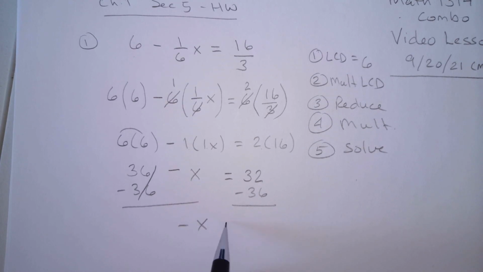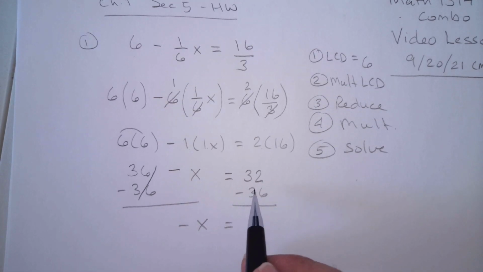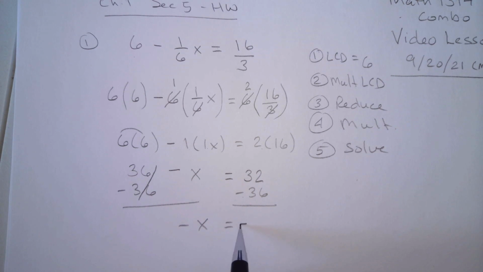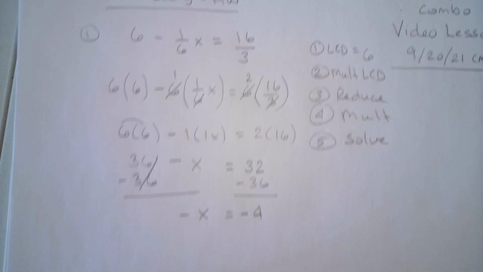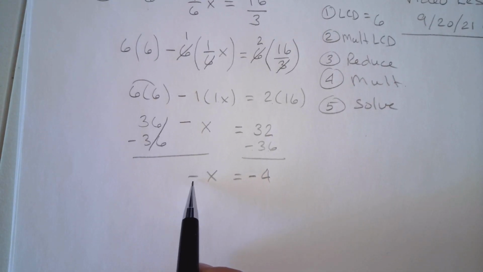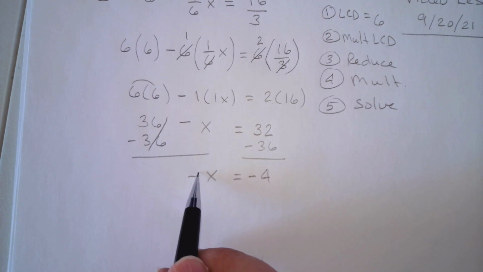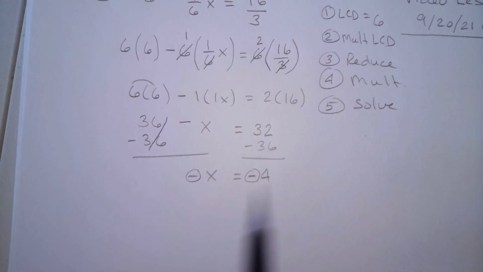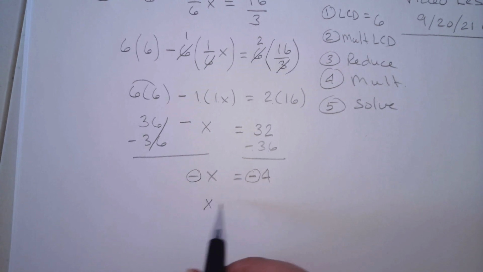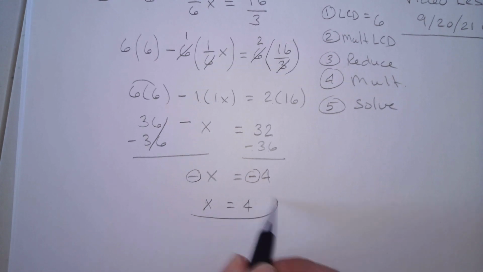So negative x equals, since 36 is bigger than 32, the answer is negative. 36 minus 32 is 4. Since we have a negative in front of the x, we just change all of the signs across the entire equation, both sides. So that becomes a positive x, and that becomes a positive 4, and that's our answer.